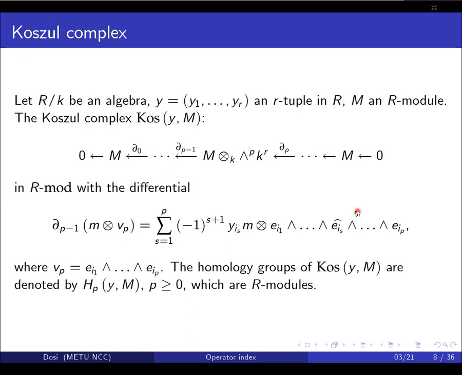Well, we know all this spectral understanding can be generalized for tuples, right? So suppose we have some tuple X of R elements in R, and M is an R module, so we know what the Koszul complex is, right? We can generate this Koszul complex with the differentials, so we can generate the homology groups, right? This is routine, right? Standard.